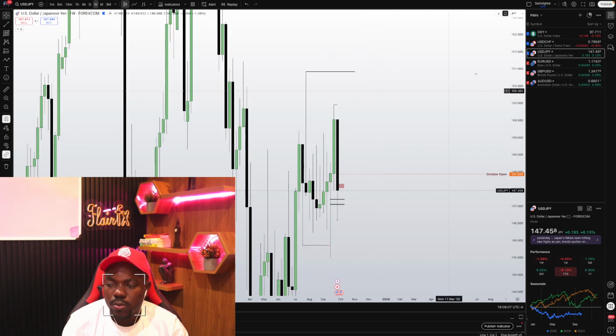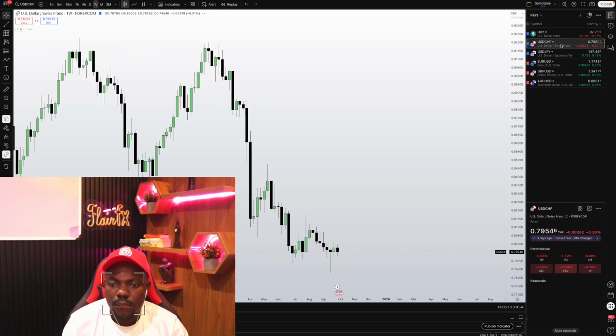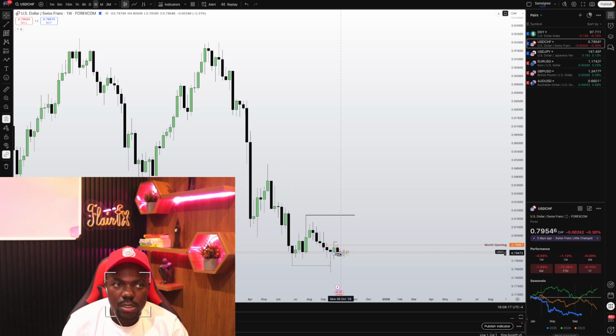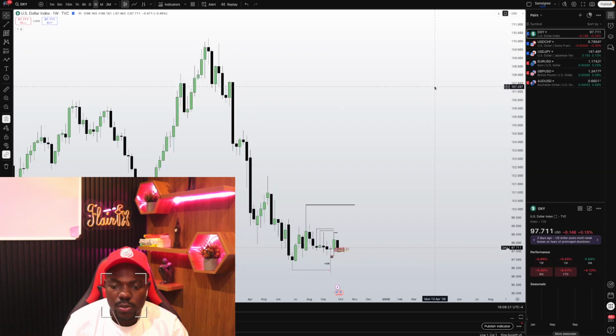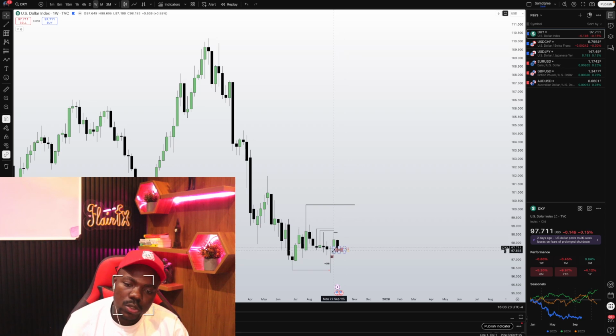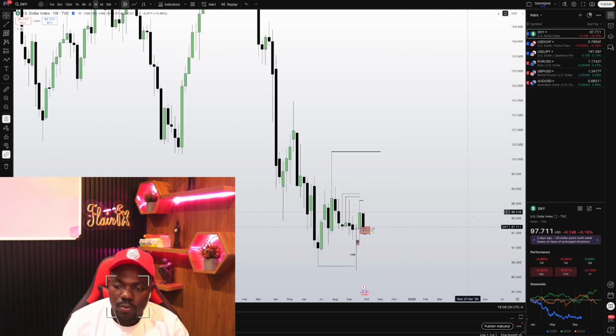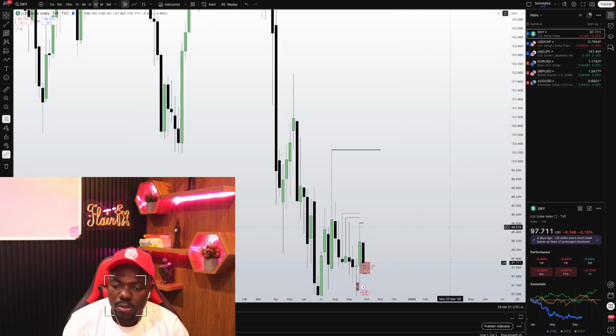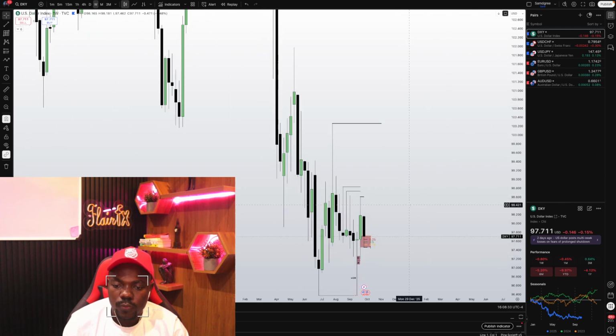Up close candle, no wick. Same thing as EU, down close candle, no wick. Inside candle on USD Swiss franc. Then what about the JPY? Inside candle. So I'm expecting this week to be a very volatile week. We will expect a lot of volume this week.